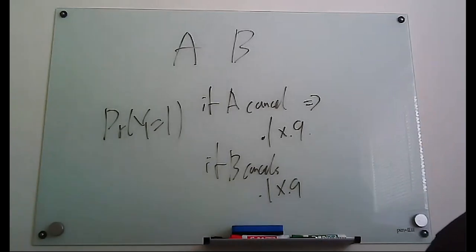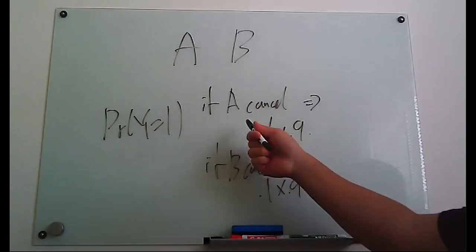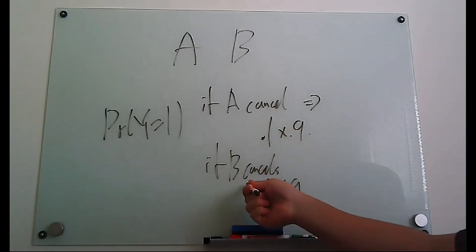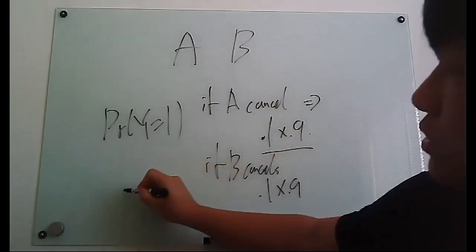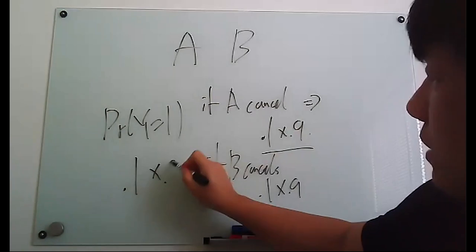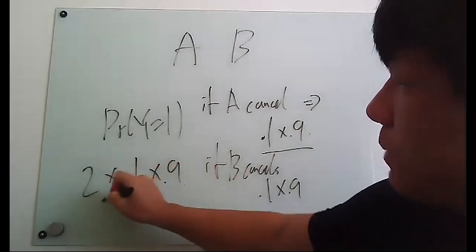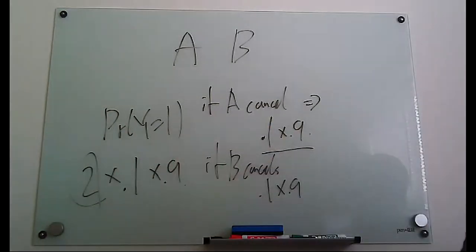Because we have two cases, I didn't specify which one should be canceling the reservation. A can cancel or B can cancel. So our answer is just 0.1 times 0.9 times 2, because we have two cases.